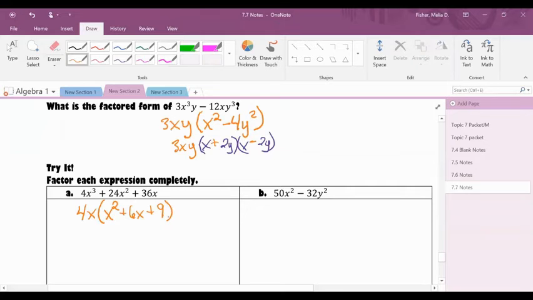Now I need to look to see. I noticed that the first term and the last term are both perfect squares. So I'm going to ask myself, if this is really x squared and this is really 3 squared, is that middle term 2 times x times 3? And it is.